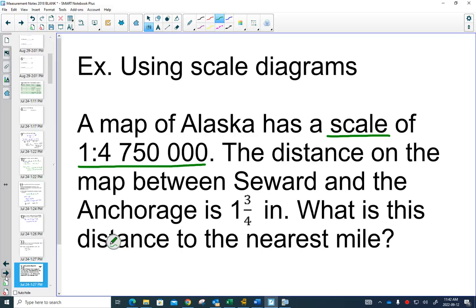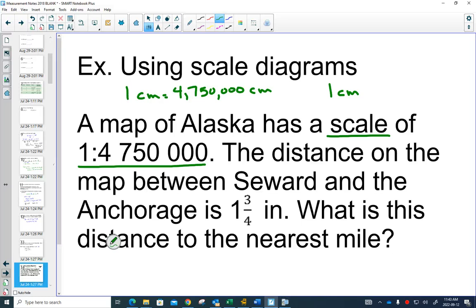Sometimes scales have units, and often maps will have that, because if this scale says 1 centimeter is equal to 475,000 centimeters, it might be a better way to change it. So 1 centimeter, there's 100 centimeters in a meter.